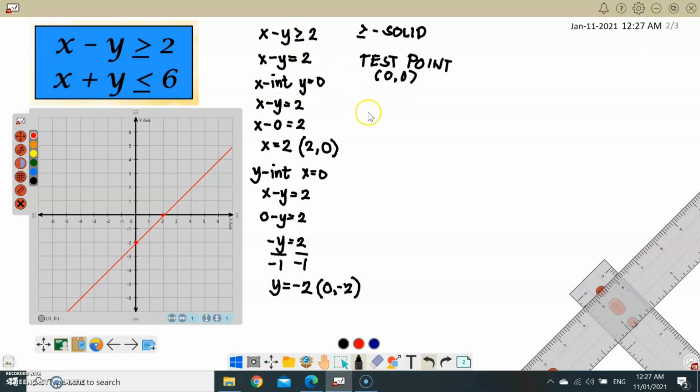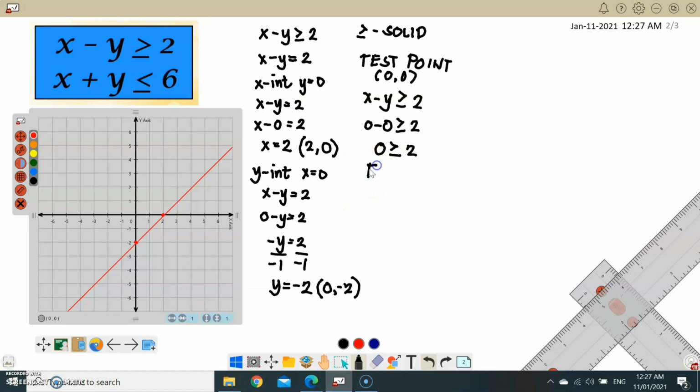So using the given inequality, x minus y is greater than or equal to positive 2, we're going to substitute the values of x and y. And let us determine if it is true or false. So we have here 0 minus 0 is greater than or equal to positive 2. 0 minus 0 is 0, greater than or equal to positive 2. Is the statement true or false?